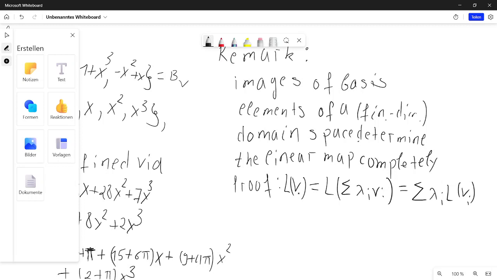So you take any vector and you only know these images, and you know that the map is linear. Of course, it is just assumed. Then you automatically have that, because these images are already determined as some W_i's.